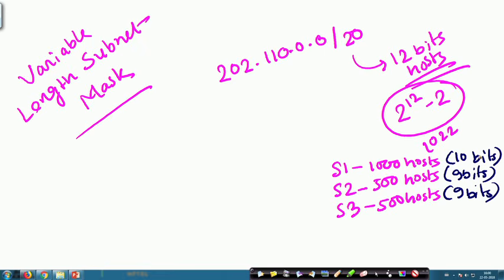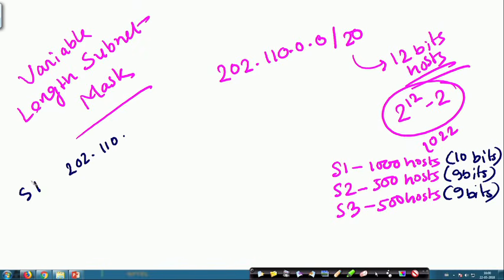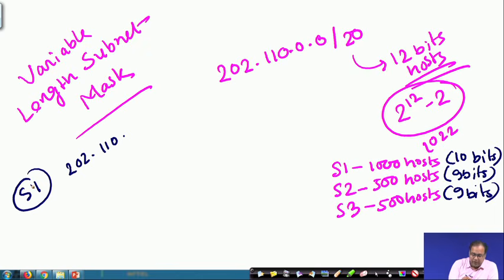So, what will be that variable length subnet mask? Say my network IP is 202.110. Now, for S1 what I do is take 2 bits to denote the subnet. For S1 I am taking these 2 bits and then the remaining bits are host bits.